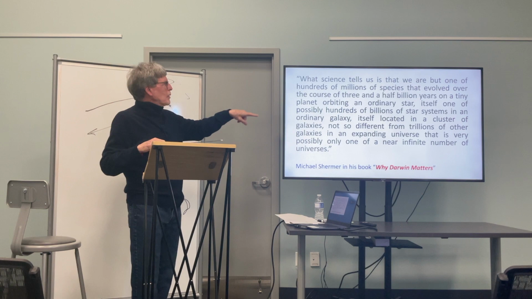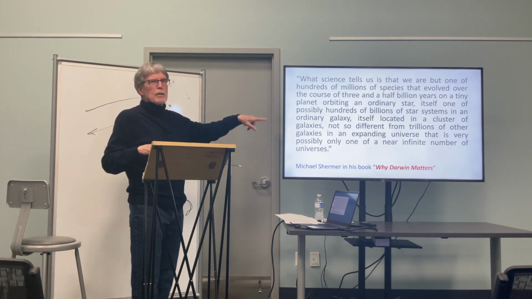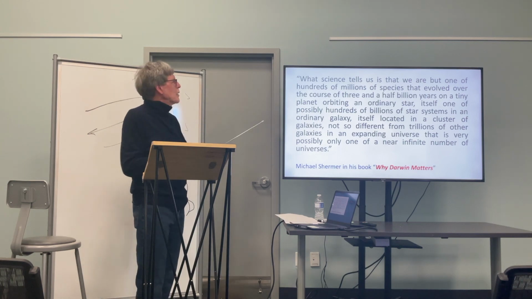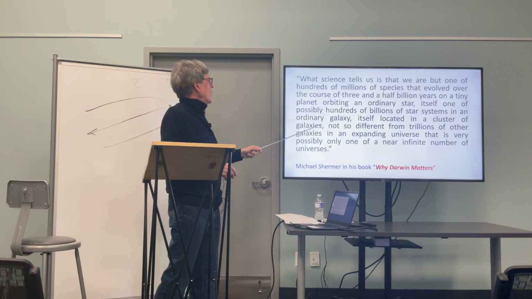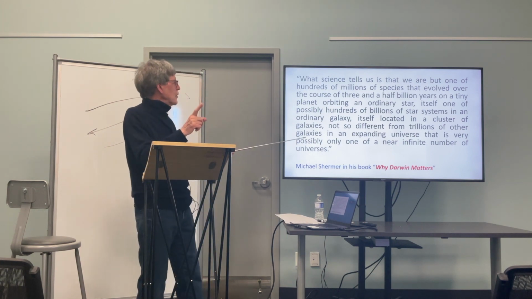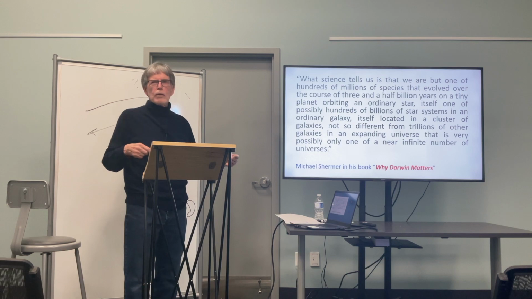Well, see how the estimate went. I forgot the year he wrote that, but you have to go up into the trillions now. Not so different from trillions of other galaxies in an expanding universe that is very possibly only one of a near infinite number of universes.